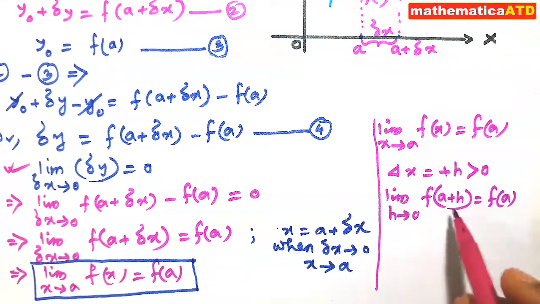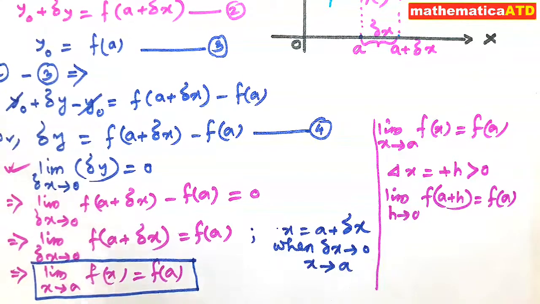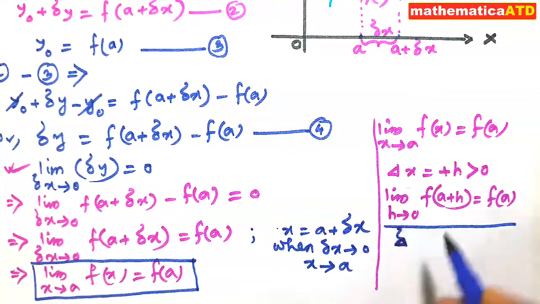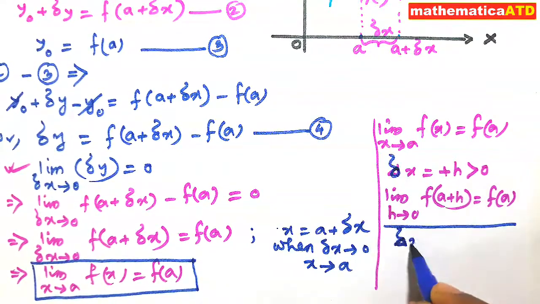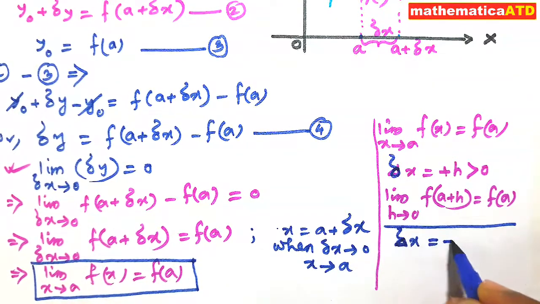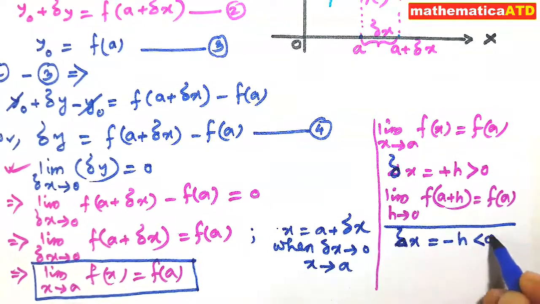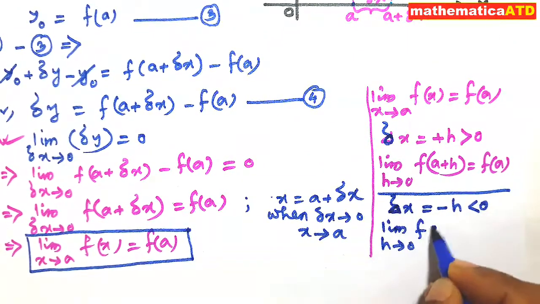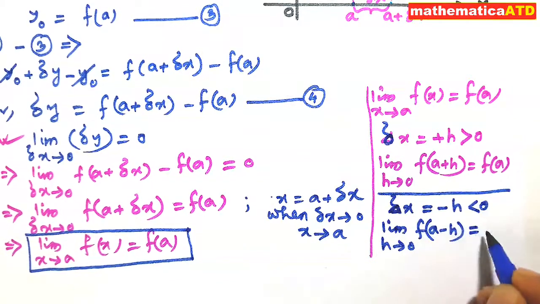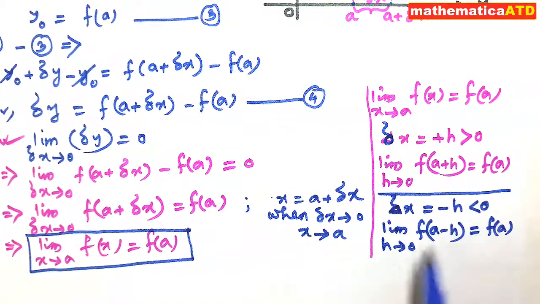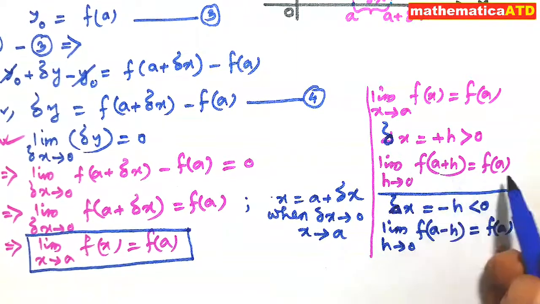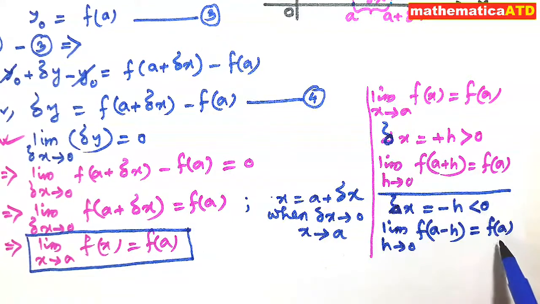But if the increment is negative, that is delta x is equal to negative h, which is less than 0, then we have to write limit h tends to 0, f(a minus h) is equal to f(a). Actually this is LHL and this one is RHL, and both of them are equal to f(a).